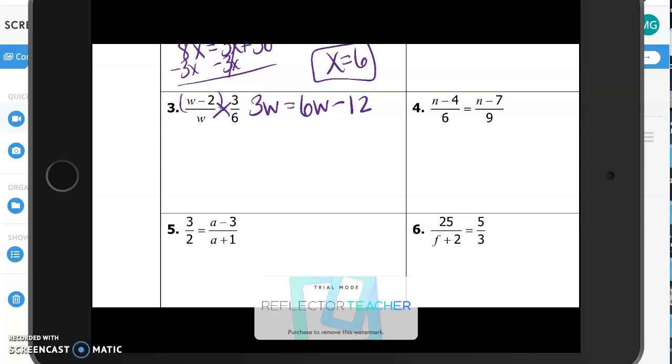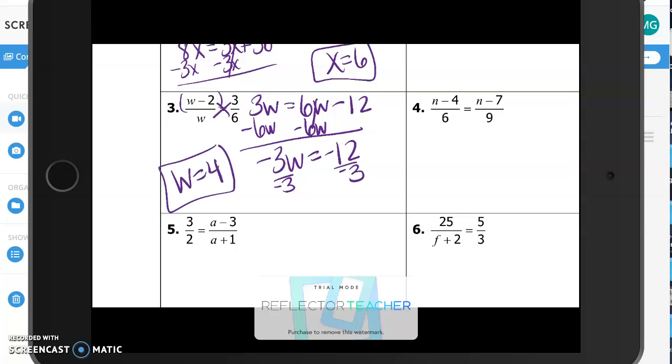Again, that's something that you'll have to decide if you're comfortable with. Then I need to subtract 6w to get the w's on the same side. Negative 3w equals negative 12. Divide by negative 3. w equals 4 would be your answer for that one.